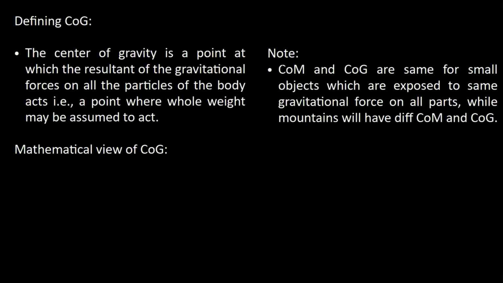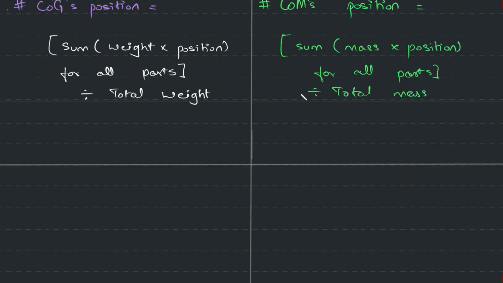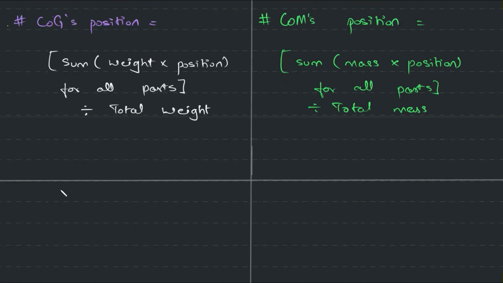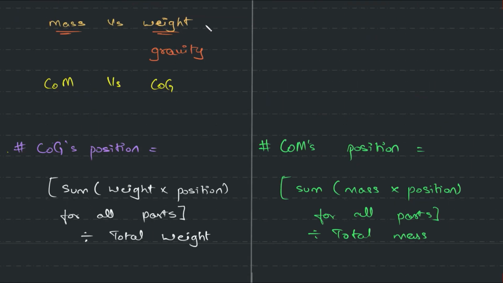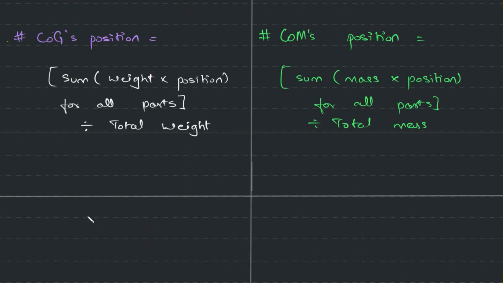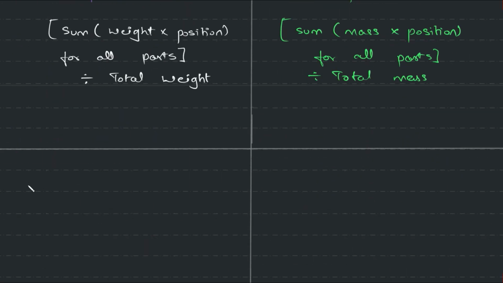Now, there's a small note. Center of mass and center of gravity are the same for all objects which are exposed to the same gravitational force on all parts, while mountains will have different center of mass and center of gravity. So this is clear, right? Now, what is weight? Weight is nothing but mass times gravity. So let me convert it.